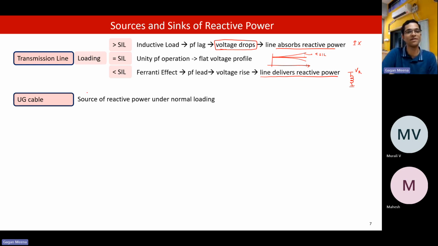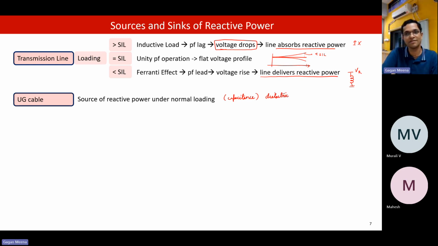Similarly, an underground cable is a source of reactive power under normal loading also, because of the capacitive element. The capacitance of a cable is quite high because of the dielectrics.